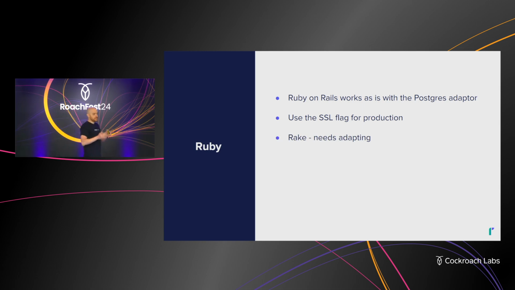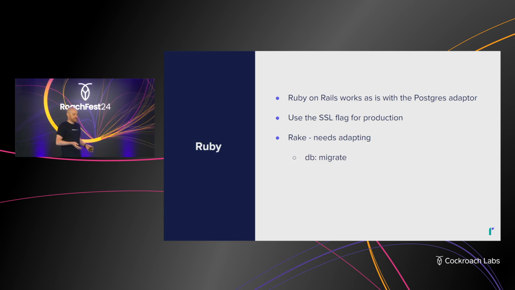Rake. Rake is a tool by Ruby on Rails that we use to manage the schemas. So this needed some adapting, basically because Rake thinks that it is Postgres, so it tries to use tools of Postgres, for example pg_dump, which doesn't really exist.